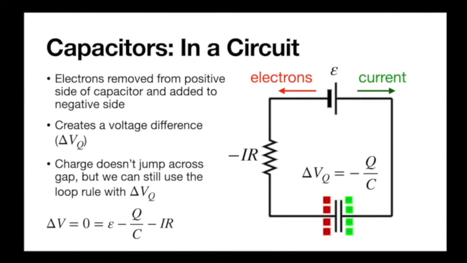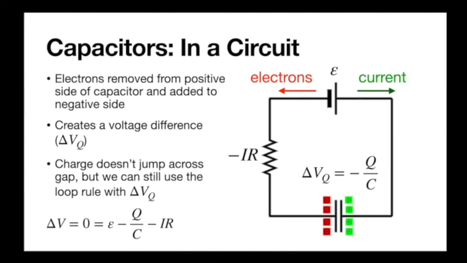But now, if I bring them together, I can still evaluate my loop rule just like I did with normal connected non-capacitor circuits, because I know this side has a higher voltage than this side, right? We found what the voltage difference is. So if I go through the circuit, I get a plus epsilon from the battery. I get to my capacitor, whatever its delta V is, which I figure out from charge and capacitance, I have a voltage drop across it, right?